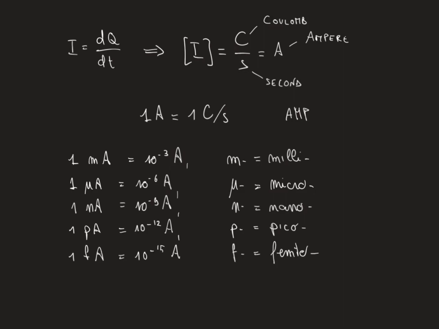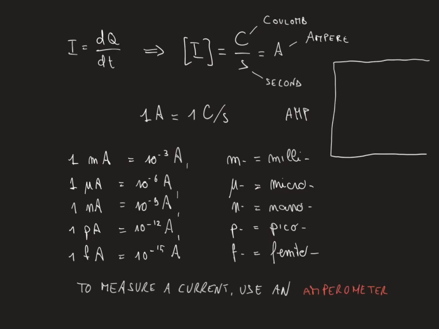A current can be measured using an instrument called the amperometer. Note that when considering the units used to measure some physical quantity x, the symbol x between square brackets means the measurement unit of x.